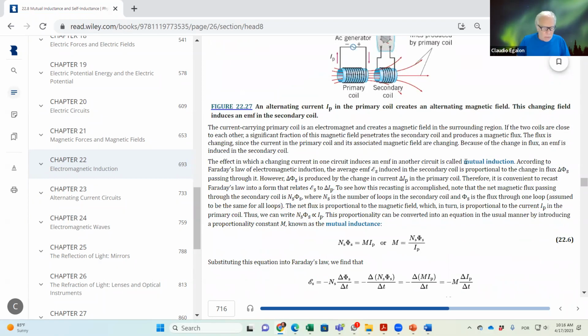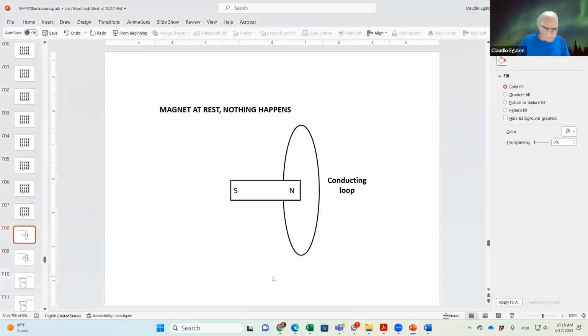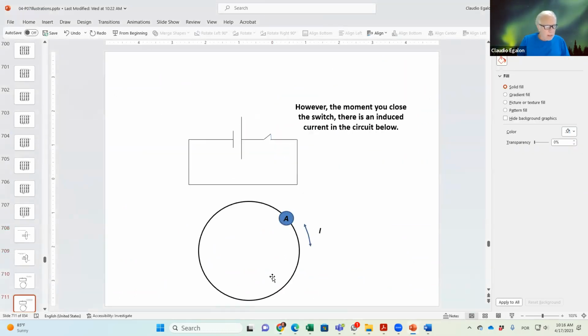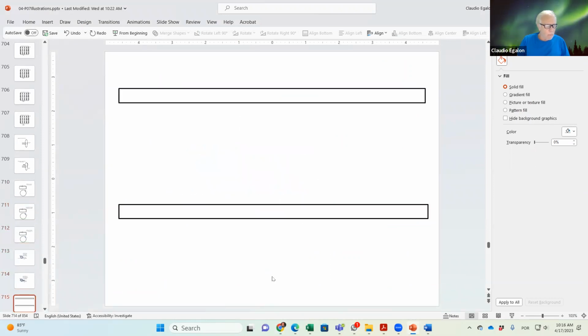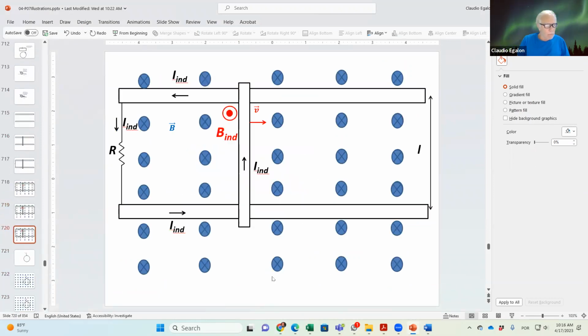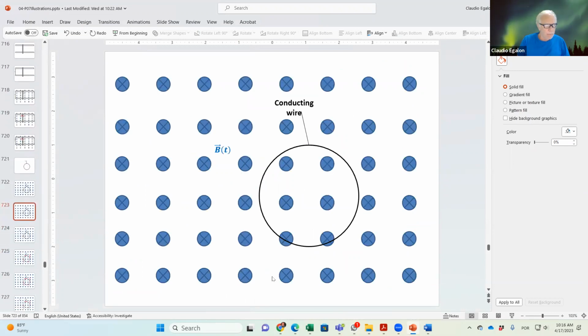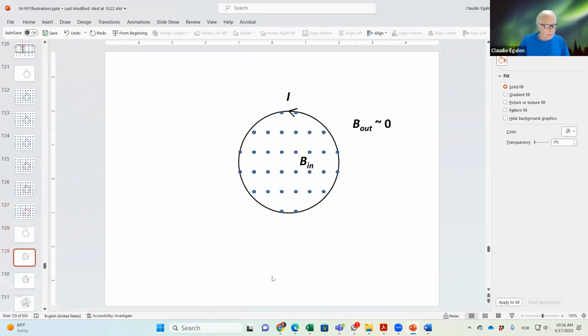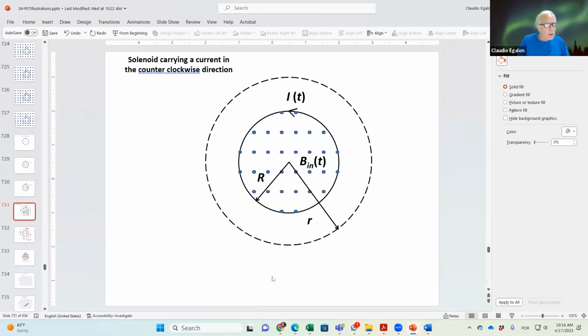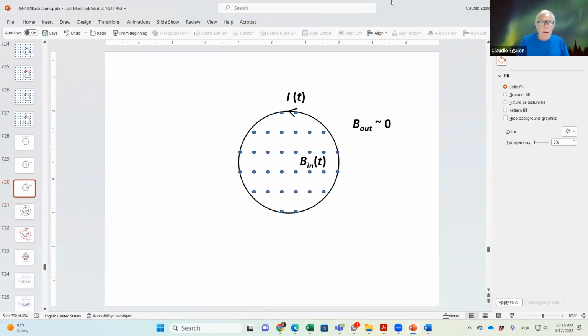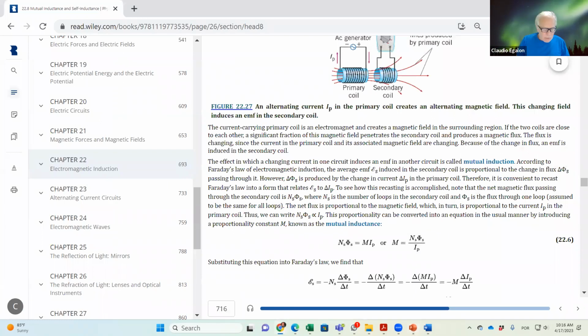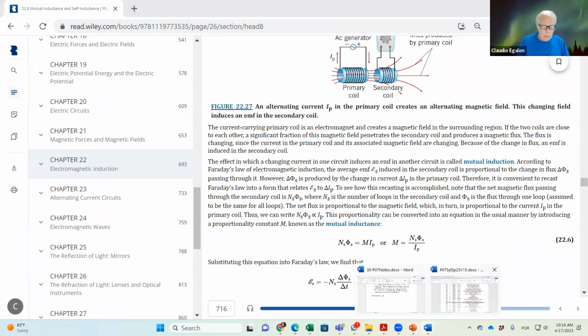Let me see if I have a drawing here for you for that. Unfortunately, I don't have a drawing for that. But let's just write down Faraday's law, right? So refer to this drawing right here.